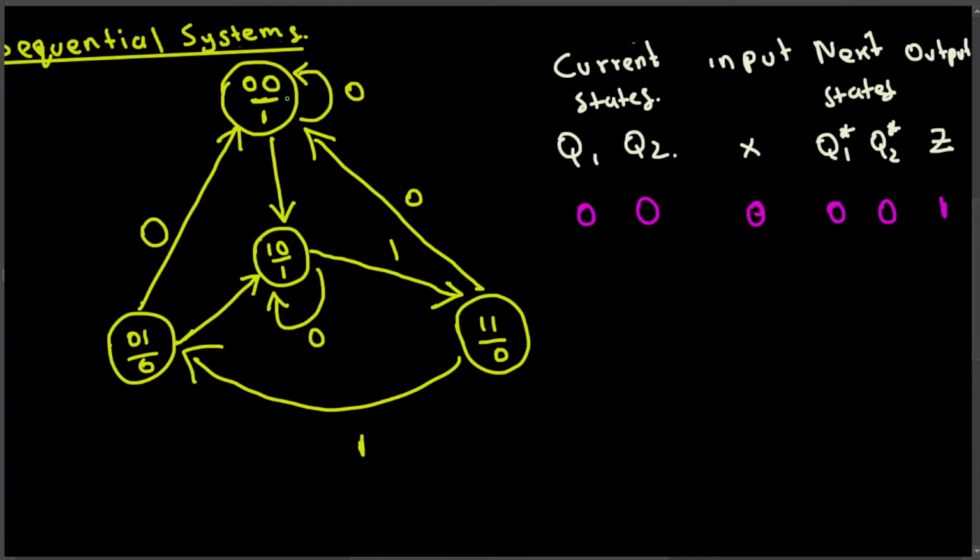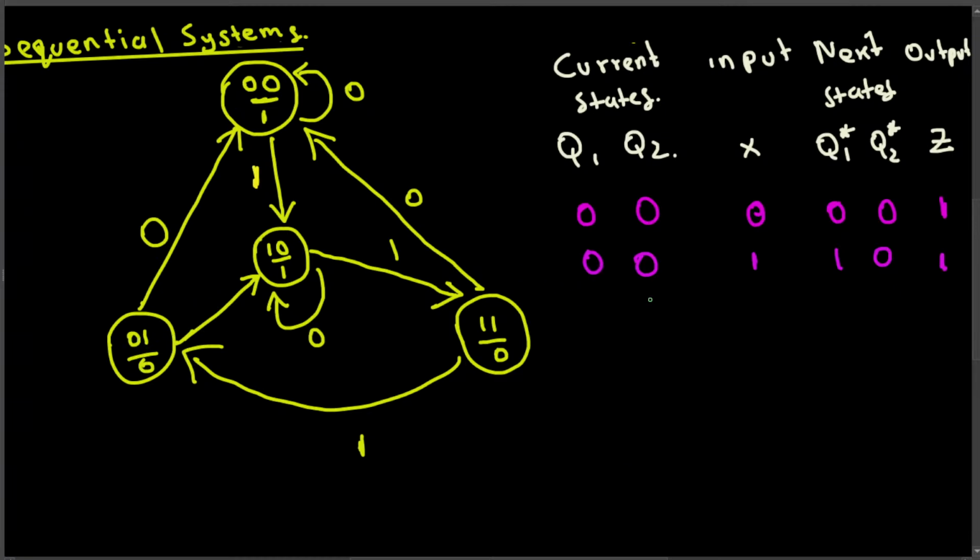And when you put 1 as the input for 0 0, okay, here I have to put a 1 here for this question. So when you put 1 as the input, it's going to 1 0. So the next state is 1 0, and the output there is 1. Let's go to the next one.